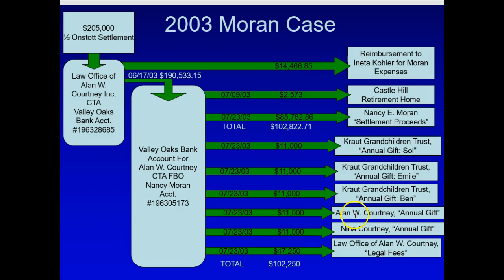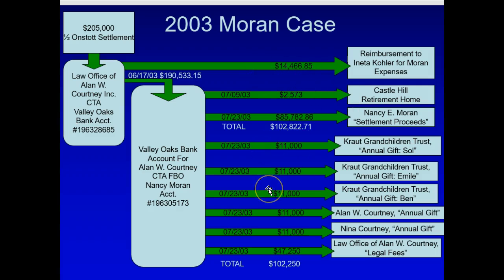He gave himself a gift of $11,000, gave his wife a gift of $11,000, and then he gave $47,000 to his law office, which he did not earn. And then he gave the rest, $85,000, to Nancy Moran by sending her a check. So out of the $205,000, after paying a few bills, she gets $85,000. And about $16,000 of that should have been paid to someone else.